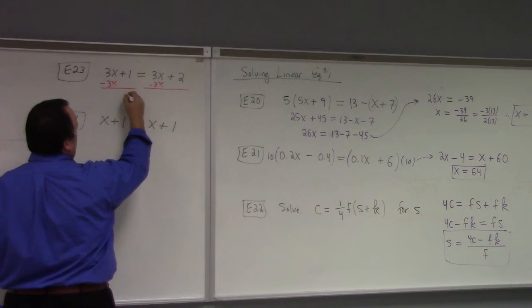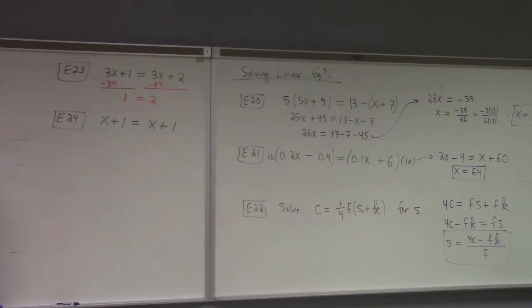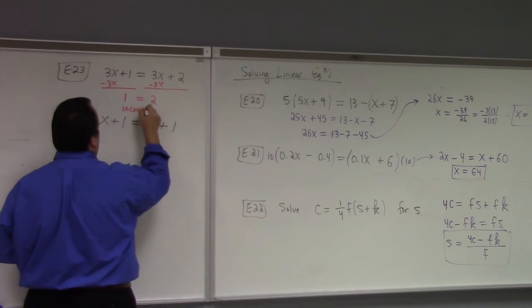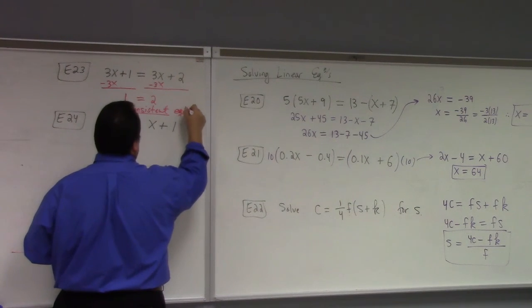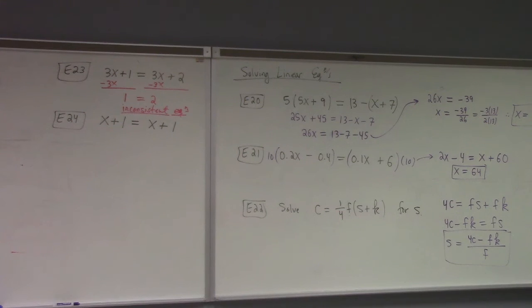But what we get here is 1 equals 2. Is 1 equal to 2? No, that's nonsense, right? So this is inconsistent. There is no choice of x that works. This one here, x plus 1 equals x plus 1.